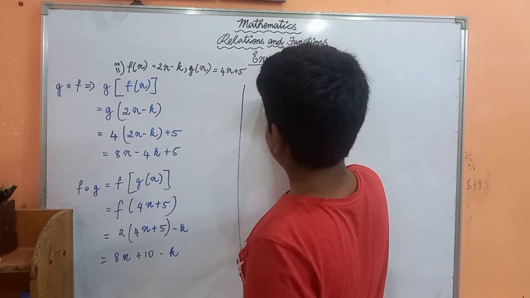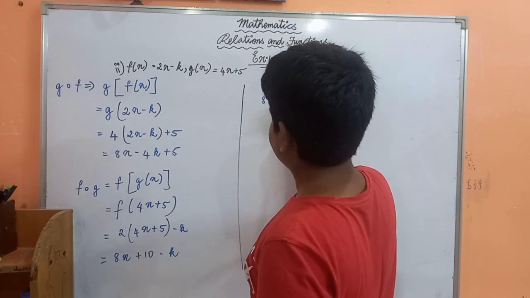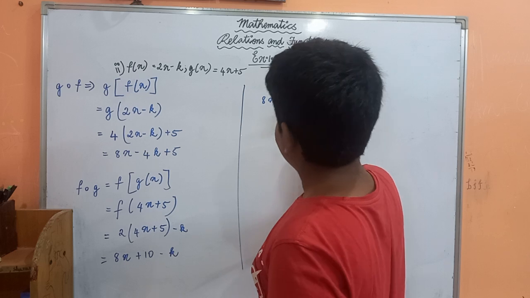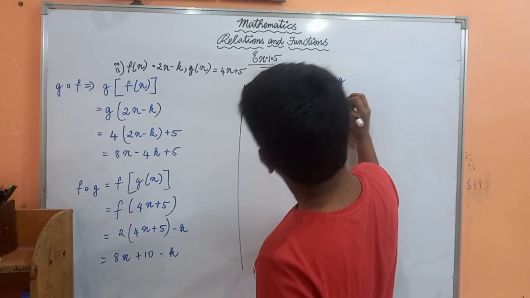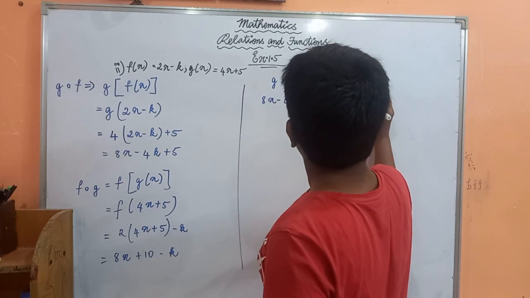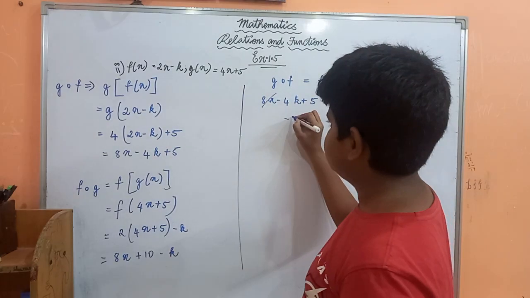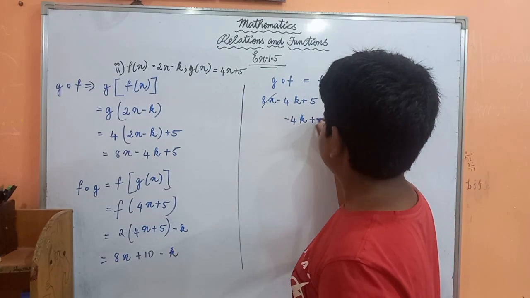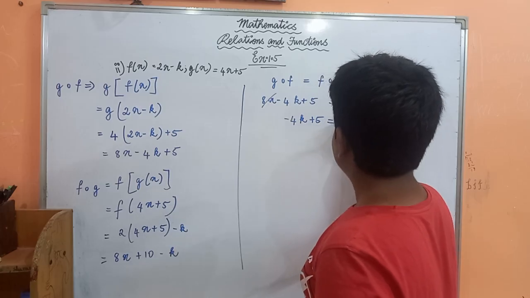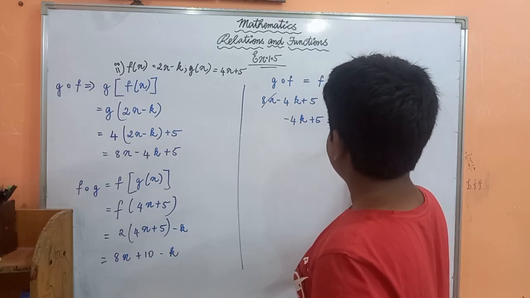So 8x minus 4k plus 5 is equal to 8x plus 10 minus k. So 8x will cancel. Now there's 4k plus 5 is equal to 10 minus k.